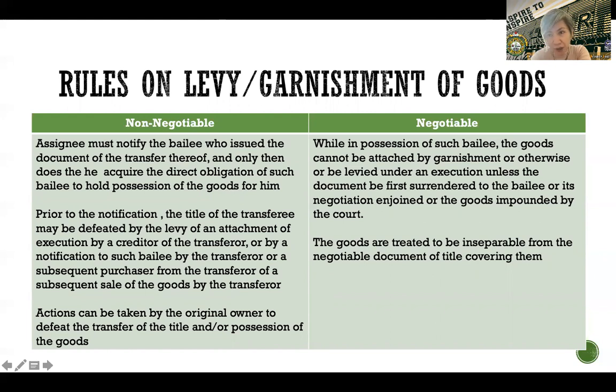So prior to that notification made by the assignee, his title may be defeated by a levy of an attachment or execution by a creditor of the transferor, or even by notification to such bailee of a levy, attachment or execution of those goods, or a subsequent purchaser from the transferor in a subsequent sale of the goods by the transferor. So any of these persons, guys, if they notify the bailee, it can defeat the right of the assignee.